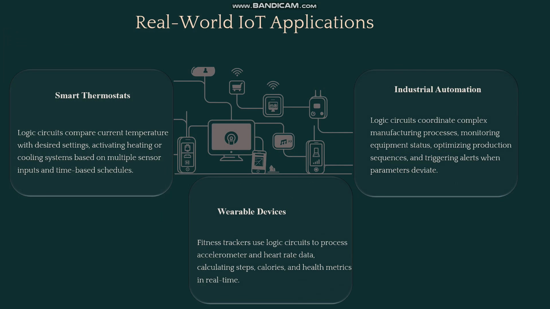And finally, industrial automation. Here, logic circuits coordinate complex manufacturing processes. They constantly monitor equipment status and instantly trigger alerts if any operating parameters deviate from the norm, ensuring both safety and efficiency.